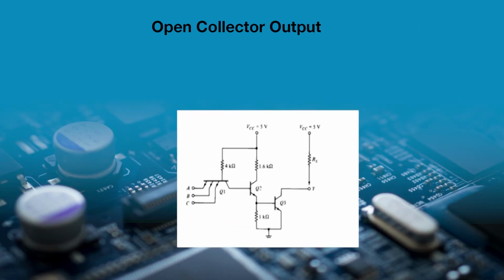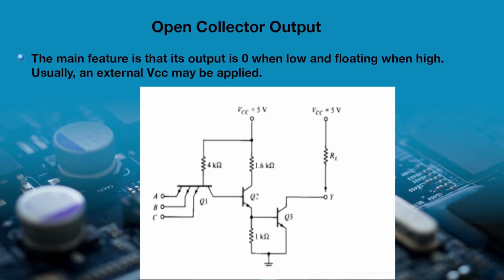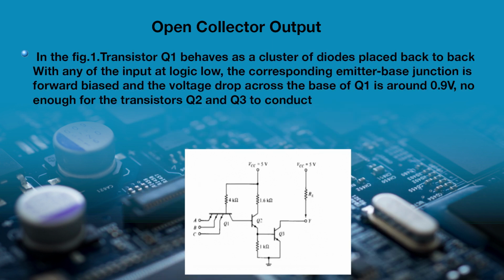Open collector output. Figure 1 shows the open collector output. The main feature is that its output is 0 when low and floating when high. Usually an external VCC may be applied. In figure 1, transistor Q1 behaves as a cluster of diodes placed back to back.